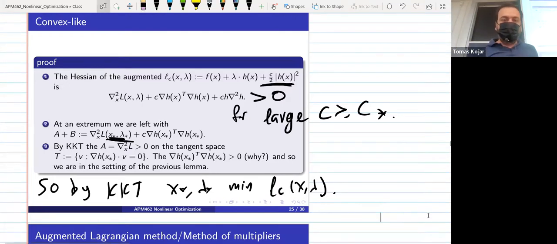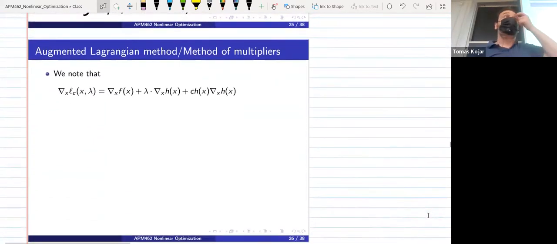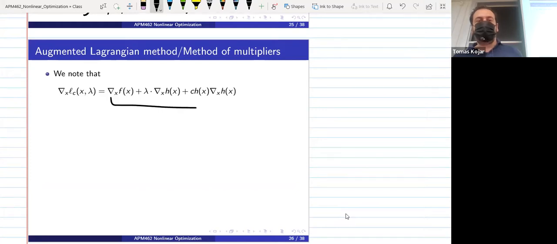Now that you have this, we can finally talk about the method: augmented Lagrangian. The technique here is you want to find the minimizer of f by minimizing the augmented Lagrangian. That's what the theorem we just proved tells us: if you want to find x star, lambda star, you can find the one for the augmented. And why would you do that? Why would you go from a simple expression to a complicated one?